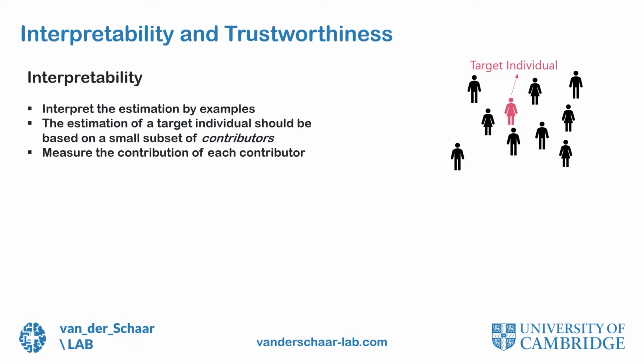We want to estimate for one target individual, what can we do to explain the estimation? Well, we can explain it by finding a few contributors that are really similar to the target individual, and that drives the algorithm's decision. And in fact, we can present those contributors and their contribution to the clinician, and the clinicians can then validate whether those contributors are really close to the target individual by their domain knowledge.